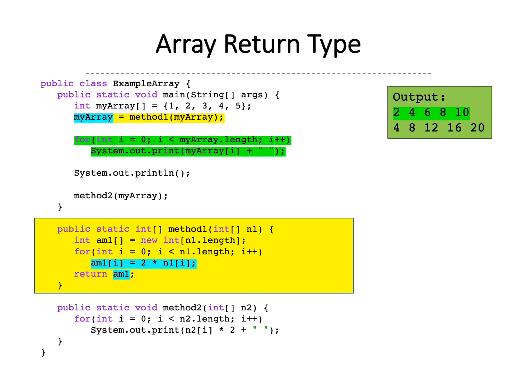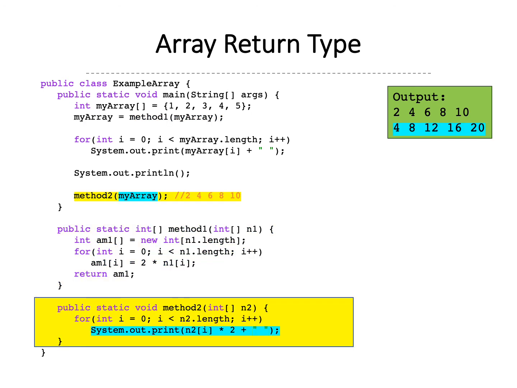It will display 2, 4, 6, 8, and 10 because in method 1, we multiply the initial value of myArray by 2. When method 1 returns the value to the main method, it replaces the value of myArray. MyArray is no longer 1, 2, 3, 4, 5, but instead it has become 2, 4, 6, 8, and 10. This is highlighted in blue here.